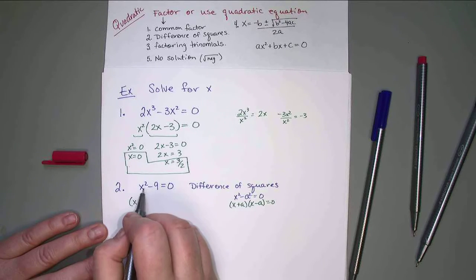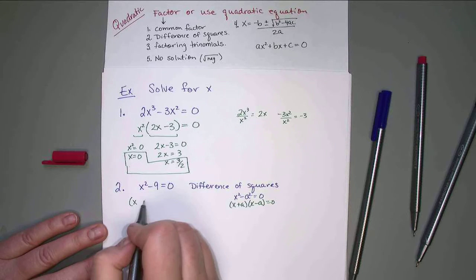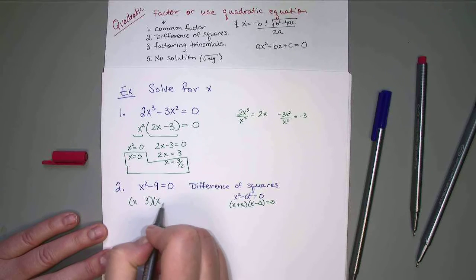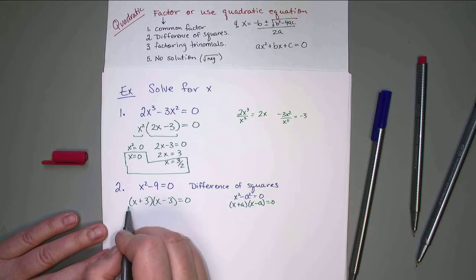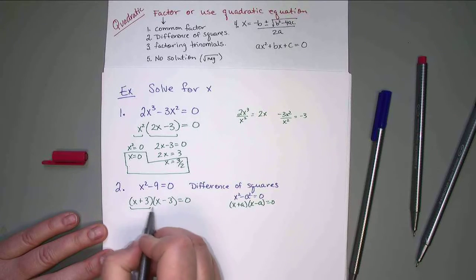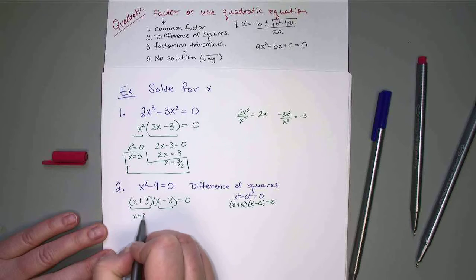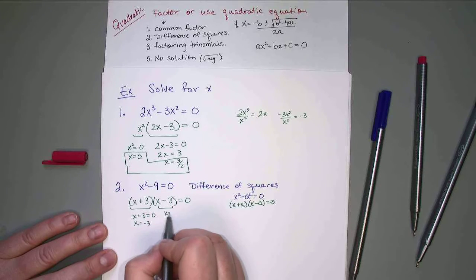So basically the x is the square root of x squared, and the square root of 9 is 3. One with a plus and one with a minus. It doesn't matter which you do first. And then again, we've got two factors like we had up here. So x plus 3 equals 0, or x minus 3 equals 0.